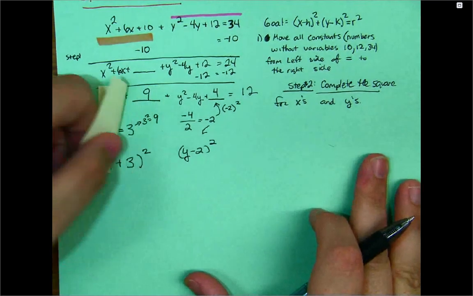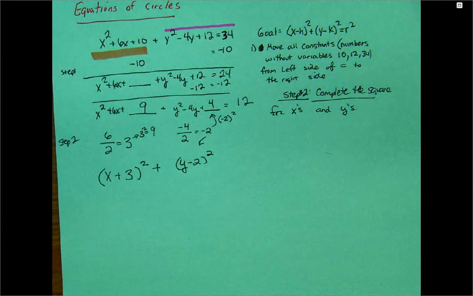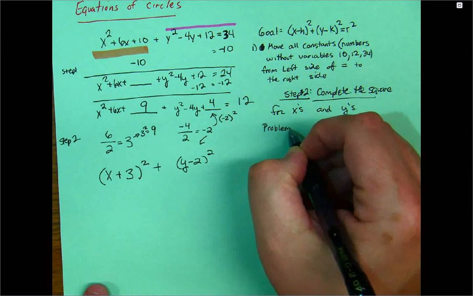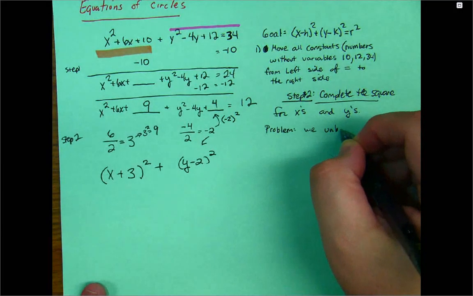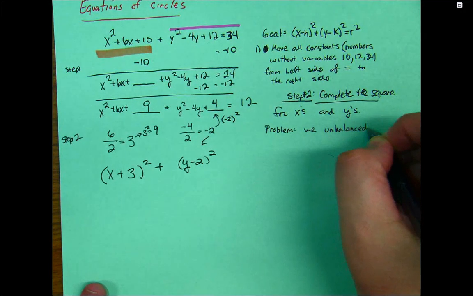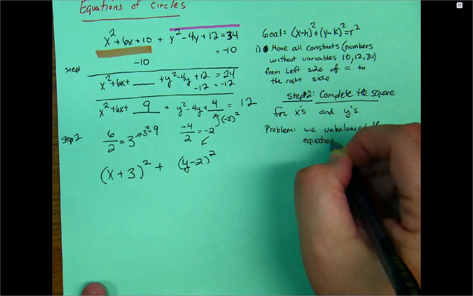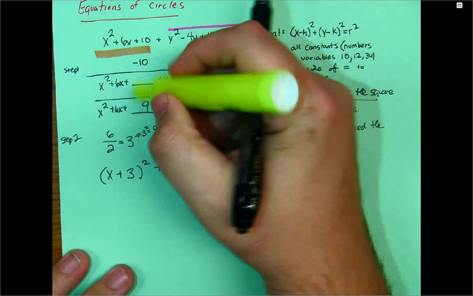Alright, so now here's the problem. We unbalanced the equation. And the reason why we unbalanced the equation was I added a 9 here, and I added a 4 here.